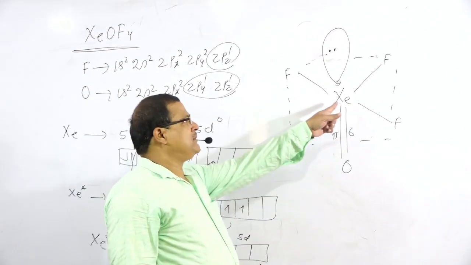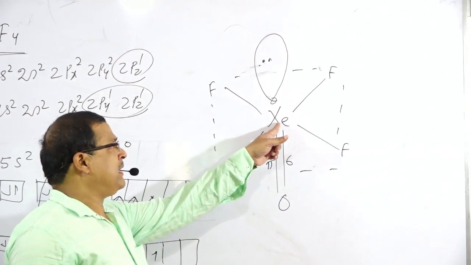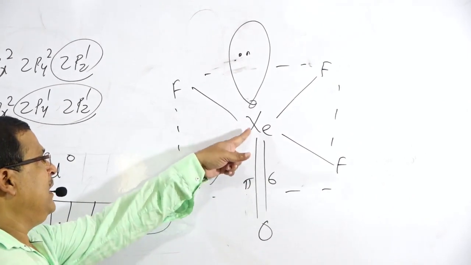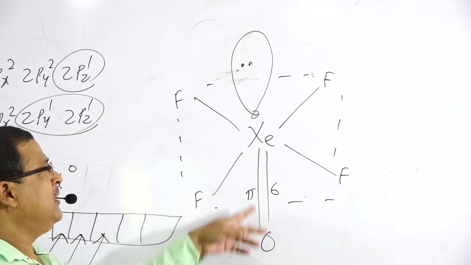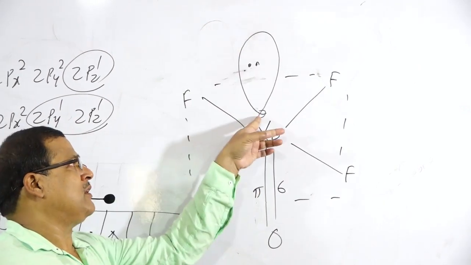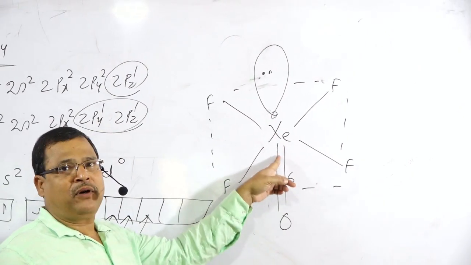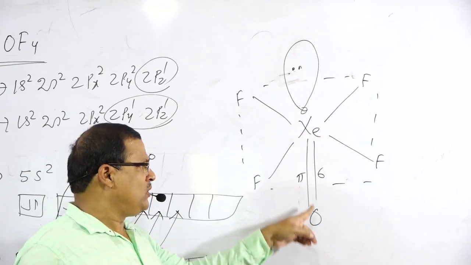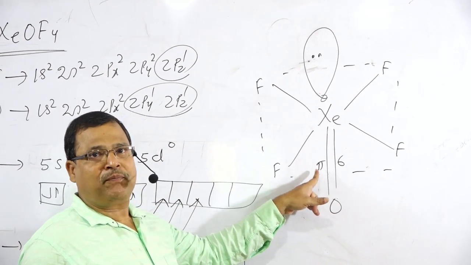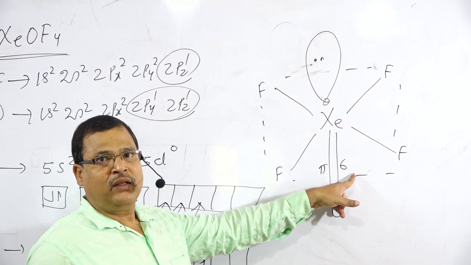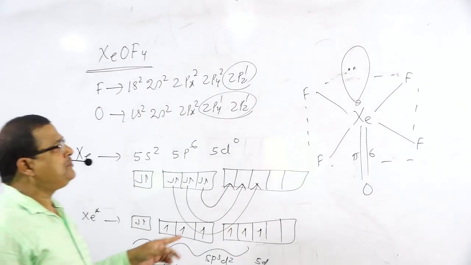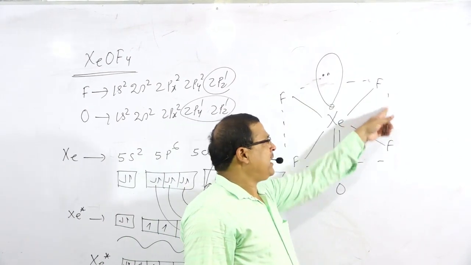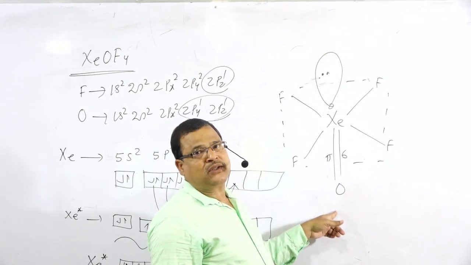So the central atom xenon is at the center of the octahedron, with 4 fluorine atoms toward the 4 corners of the square. But the lone pair of electrons is to one side, and the double bond from xenon to oxygen, which contains 1 pi and 1 sigma. So instead of octahedral geometry, it has a square pyramidal structure.